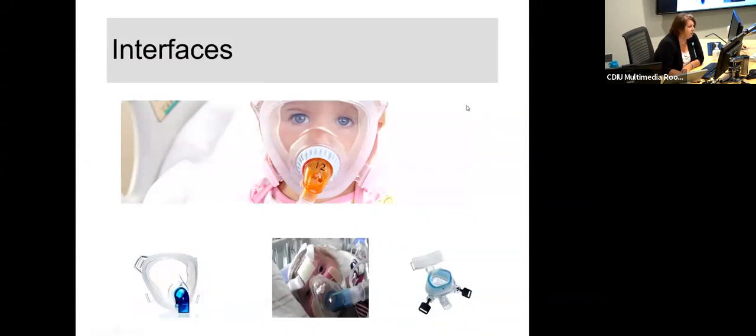Developmentally, they just don't want something on their face. These are high flow devices. They tend to blow 20, 30, 40 liters of blended gas usually into them. And you can imagine as a child, you don't want that in your face.